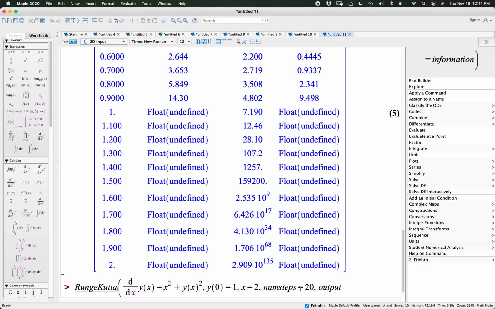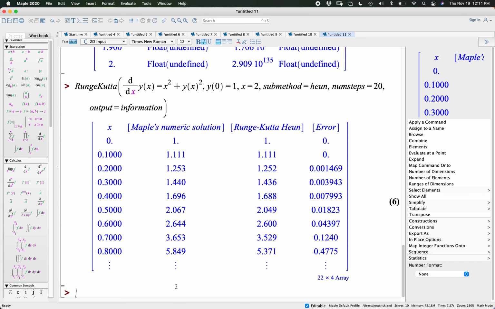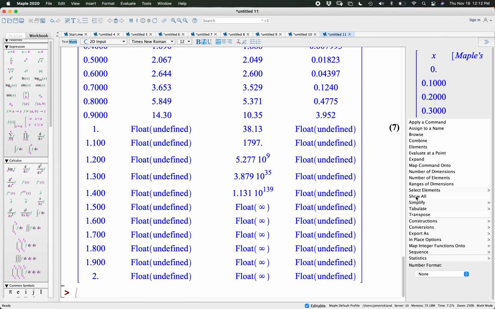Okay, so you have the Runge-Kutta sub-method, the Heun, and it's going to come out to pretty much the same kind of situation, because of the parameters, expanding out to x equal to 2. It looks okay so far, but if you notice the error size within the first items, not too bad, but it starts to build up, and once you get out to x equal to 2, the error size just becomes unstable.